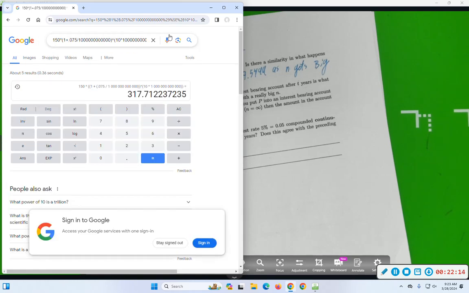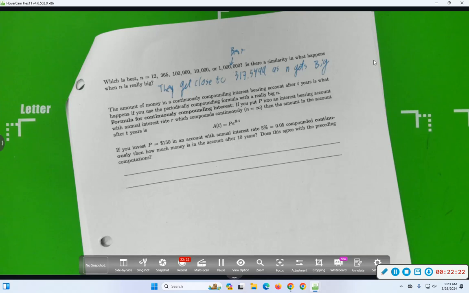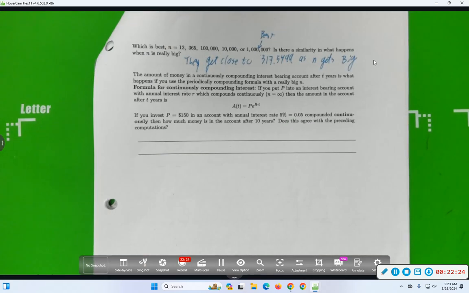It did a little bit better. Not much though, right? And in general, there's a formula you get that is the limit. And this is where Euler's number comes from.